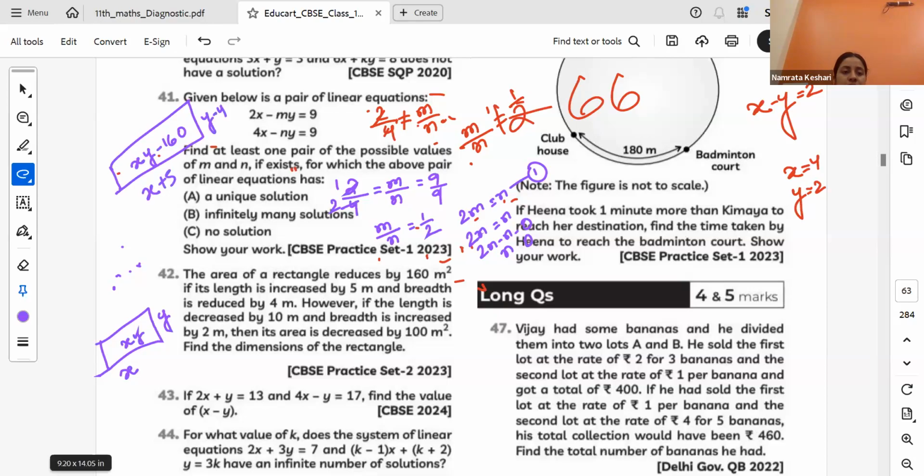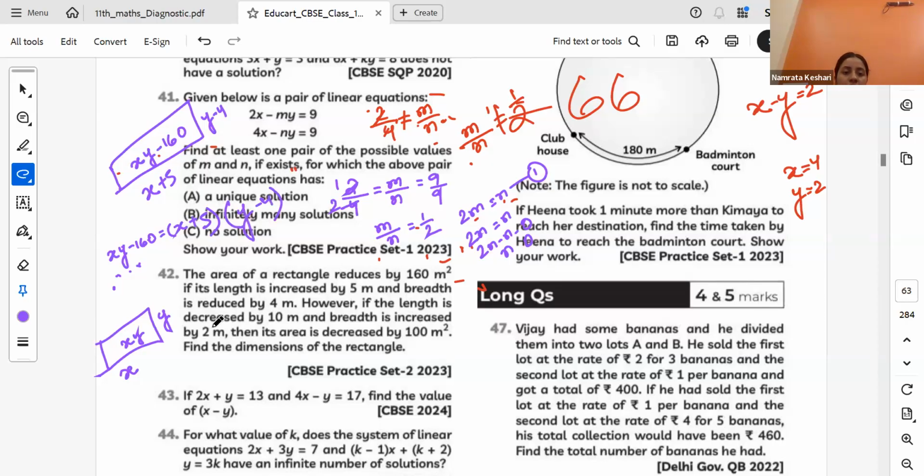Yes, ma'am. So here the area was x into y, but now it will be xy minus 160. That is equal to, in one bracket length, in another bracket breadth. Getting it, Ritvika? Yes, ma'am.